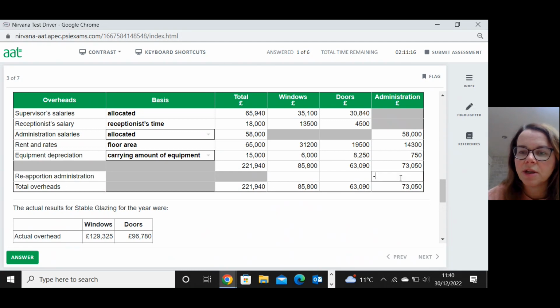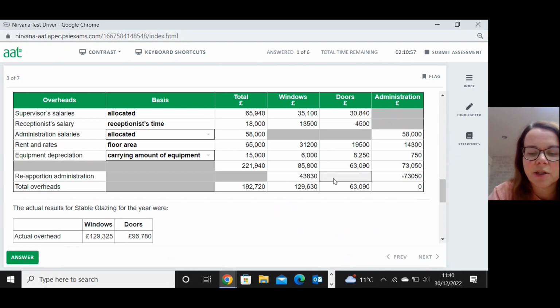And remember, it told me to use minus signs for any negative. So I'm going to put that in with a minus sign to bring that down to 0. 60% of that figure is 43,830, and 40% is 29,220.